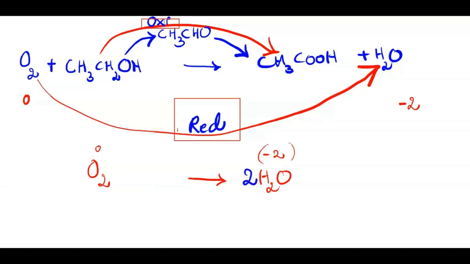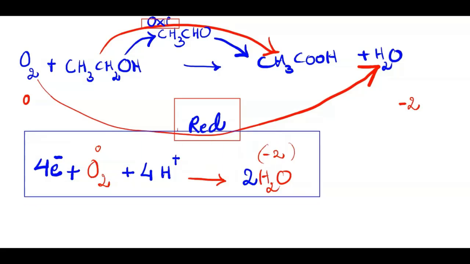In acidic medium, to balance hydrogen atoms, we add hydrogen ions, and now our equation is balanced. Since 4 electrons are gained, we add 4 electrons here. So this is our first balanced half equation, which is called the reduction equation.